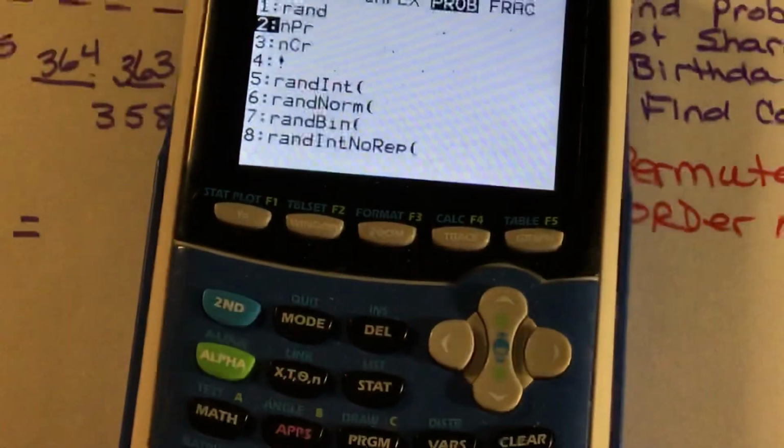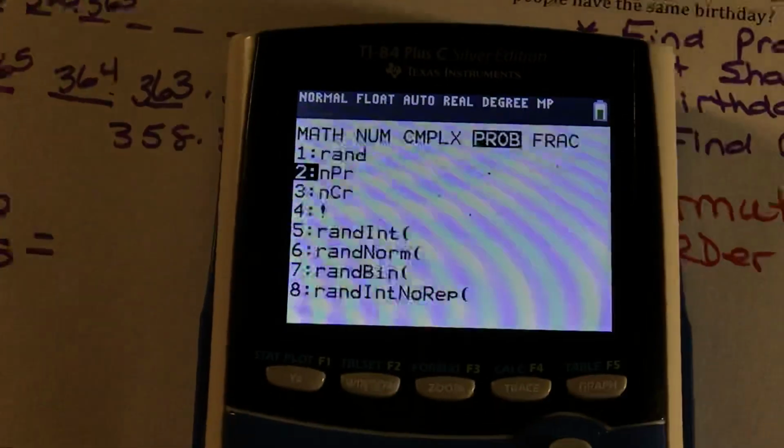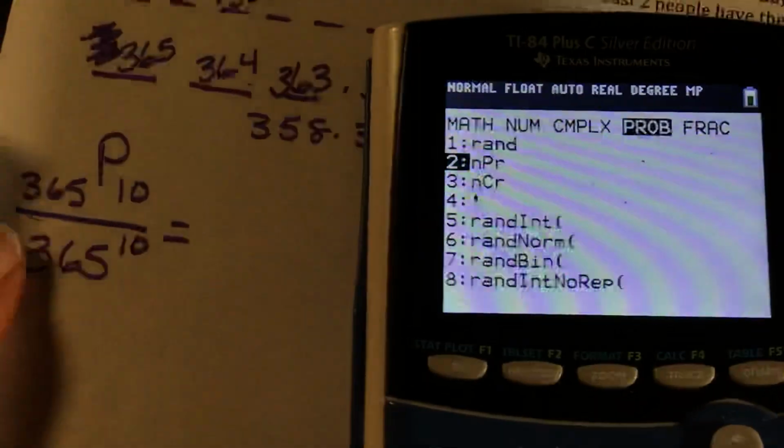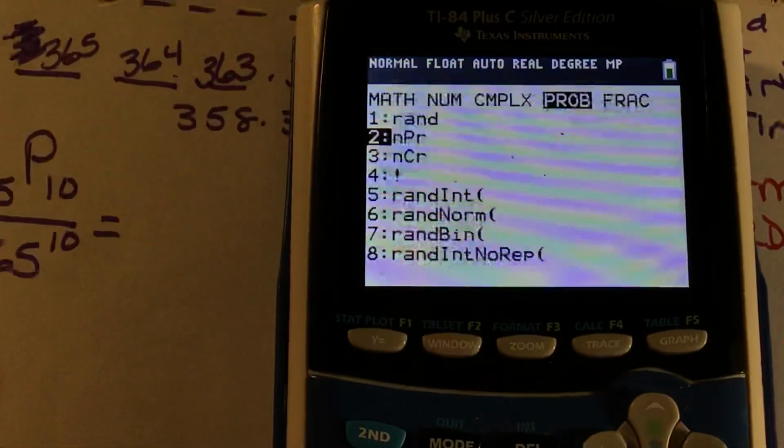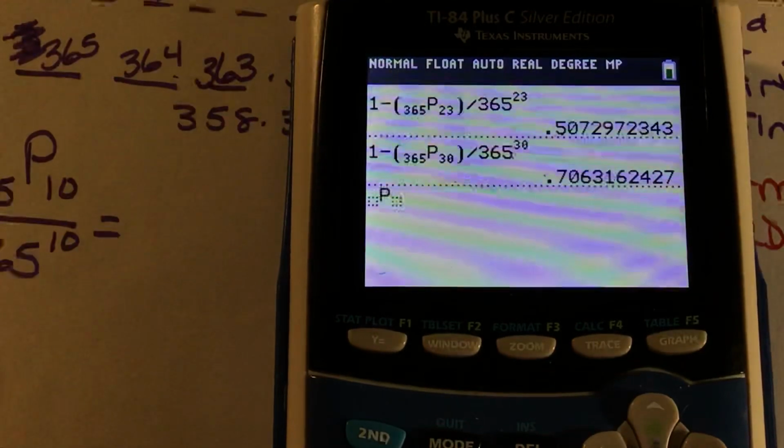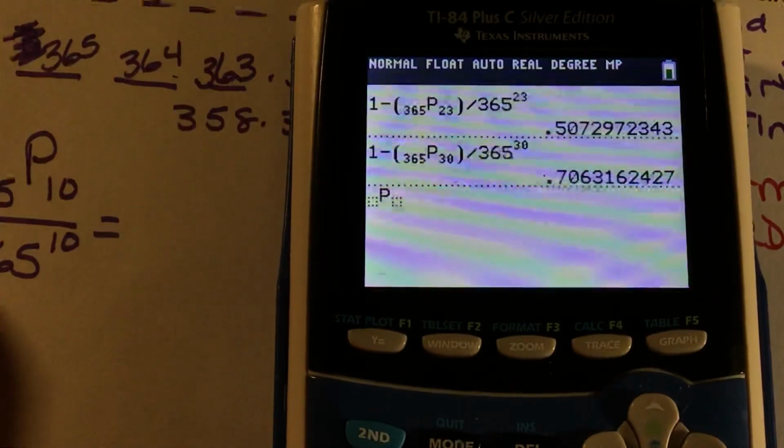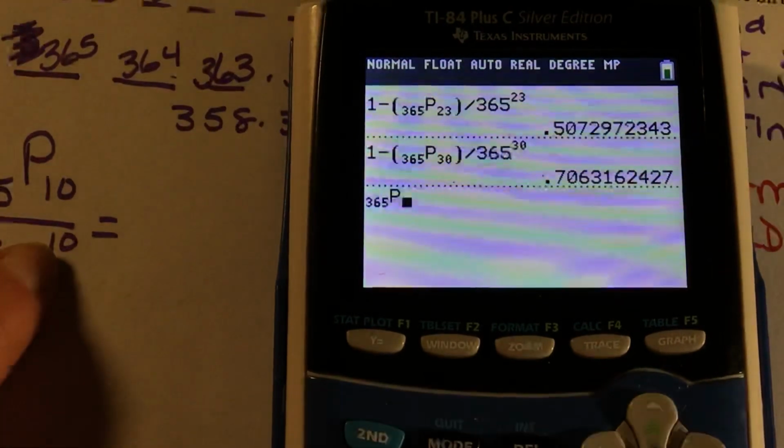Desmos is very similar to this. So in my permutation, I want 365, and I want to choose 10 at a time.